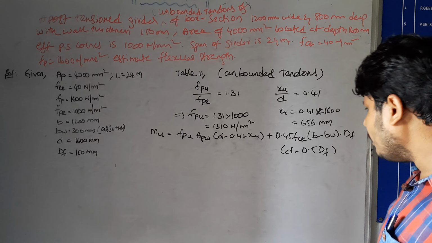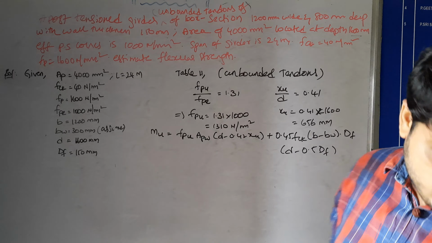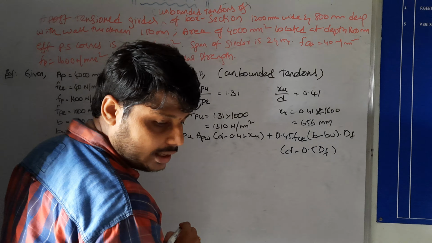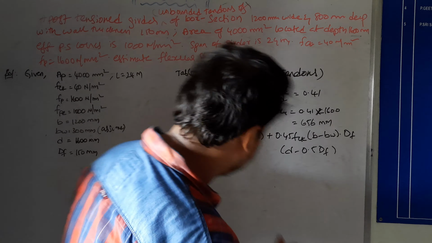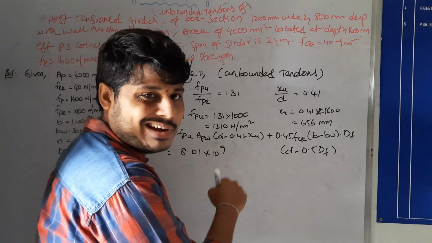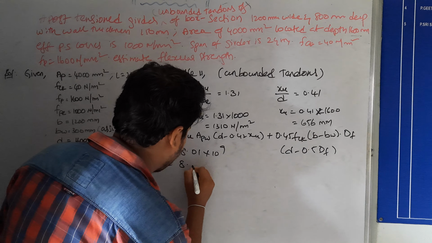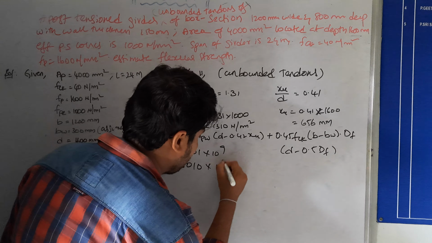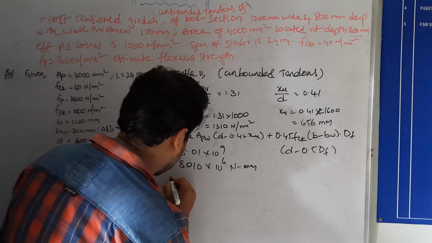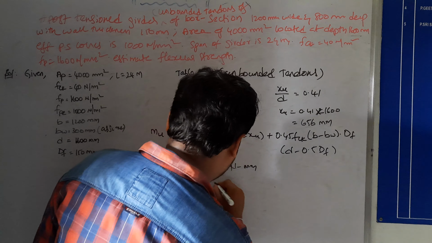Okay. So we know all the values. By substituting all the values we get 8010 into 10 power 6 Newton mm, that is 8010 kilonewton meter.